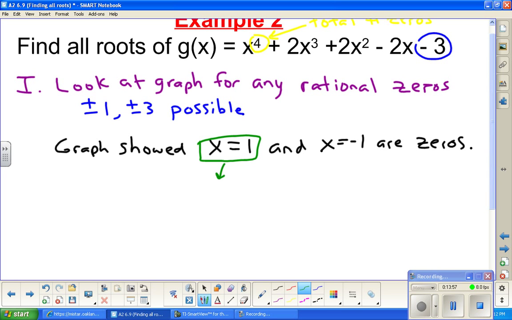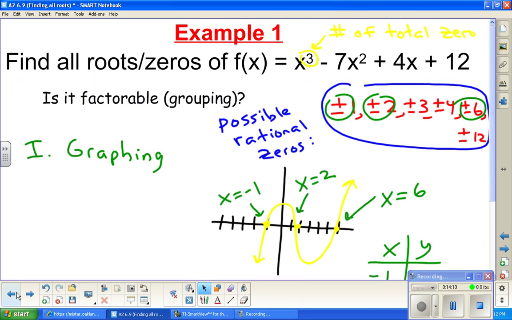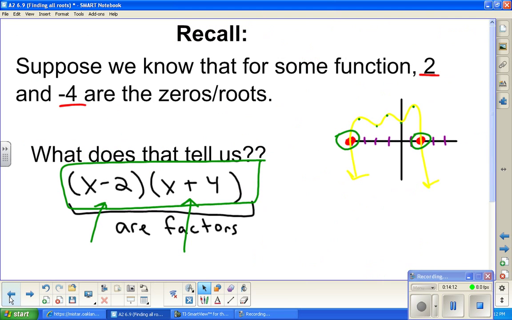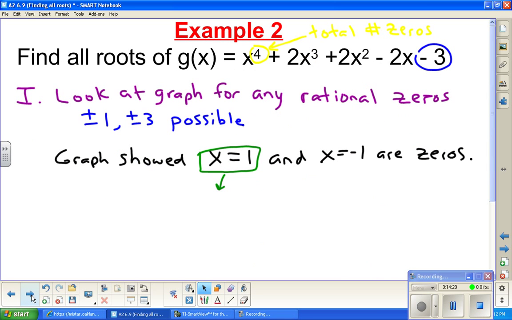If x equals something is a 0, what must one of the factors be? X minus 1?